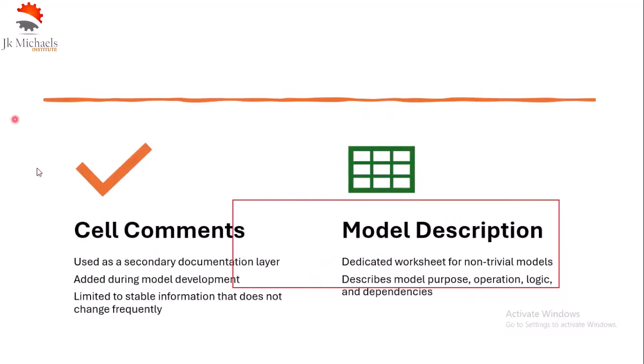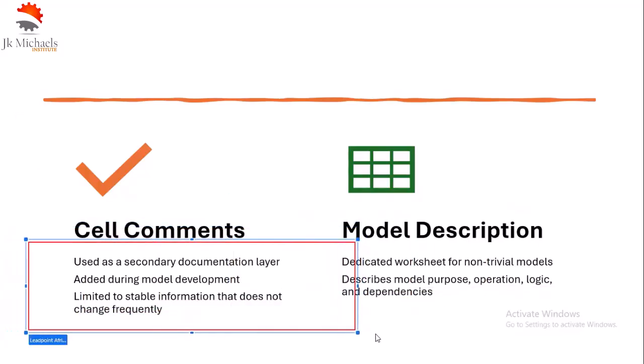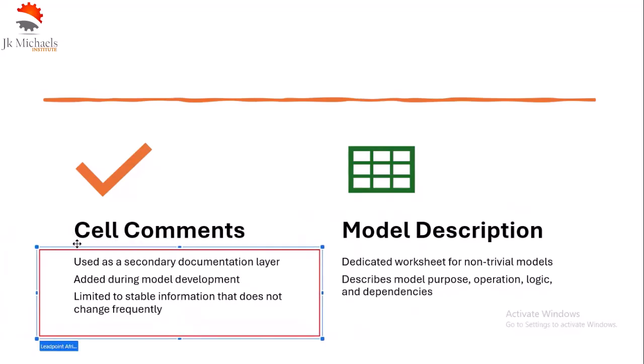Now, again, you can have cell comments, right? They can be used as a secondary layer of documentation, while the other documentation might be on the main sheet, right? I use this very, very extensively.